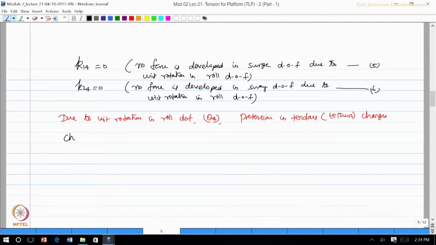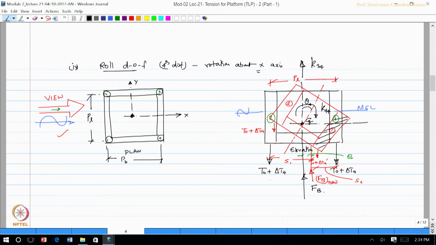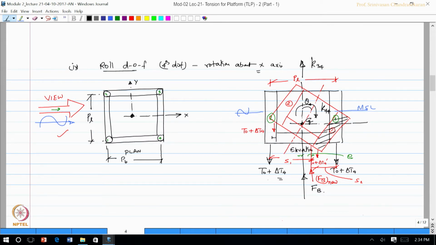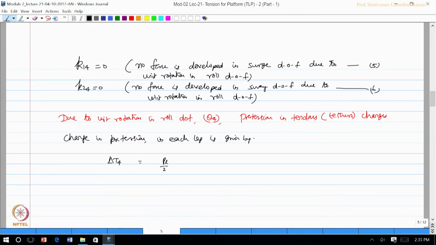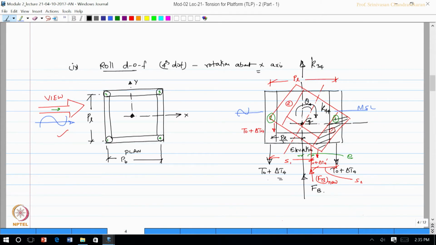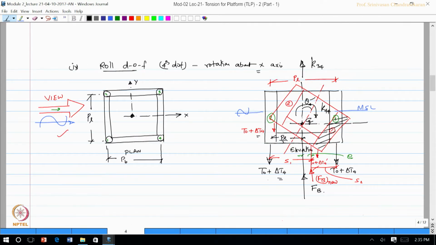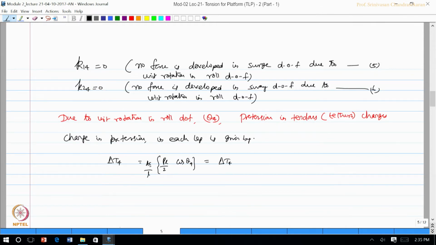So, change in pre-tension in each leg is given by, you can look at this figure, delta T 4, which is actually equal to PL by 2 cos theta 4, because this dimension will be PL by 2, since this is PL, and this angle is theta 4, multiplied by AE by L. We assume that the change in pre-tension between the nearer leg and the farther leg, that is delta T 4 and delta T 4 prime, are both the same. This is an assumption.